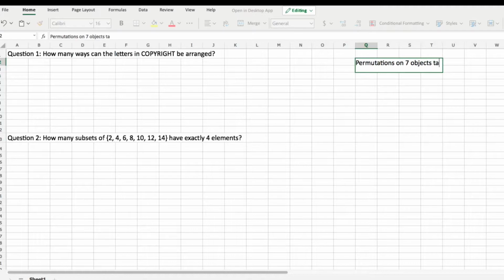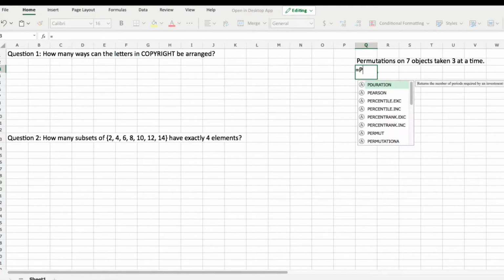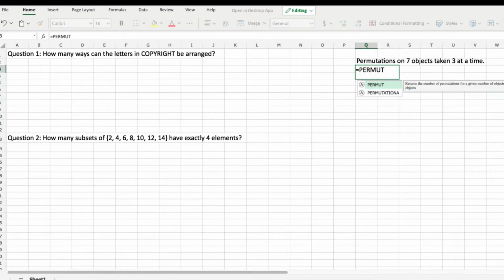So this first example we'll look at is what if we wanted to count the number of permutations on 7 objects taken 3 at a time. To do this, you would type your equals symbol to tell Excel that you're about to enter a function, and then write permute. Notice it's not permutation, it's just permute.